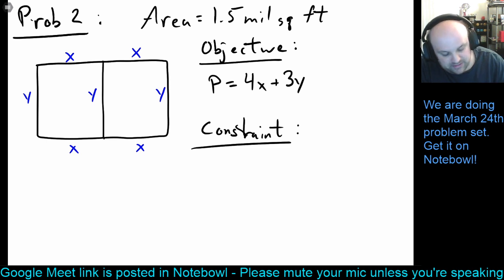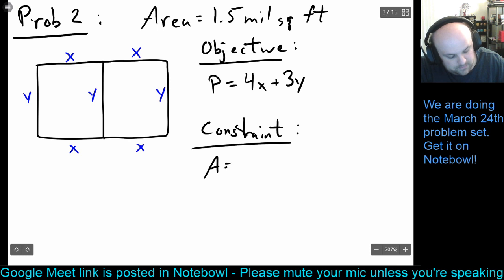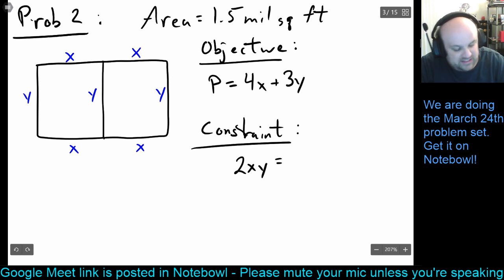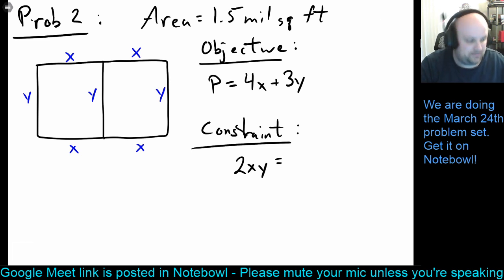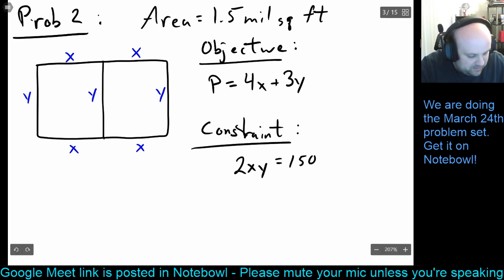The area of this rectangle is 2x times y. So that area has to equal this 1.5 million. Maybe we'll just write out the whole number here. Right, so 1.5 million.